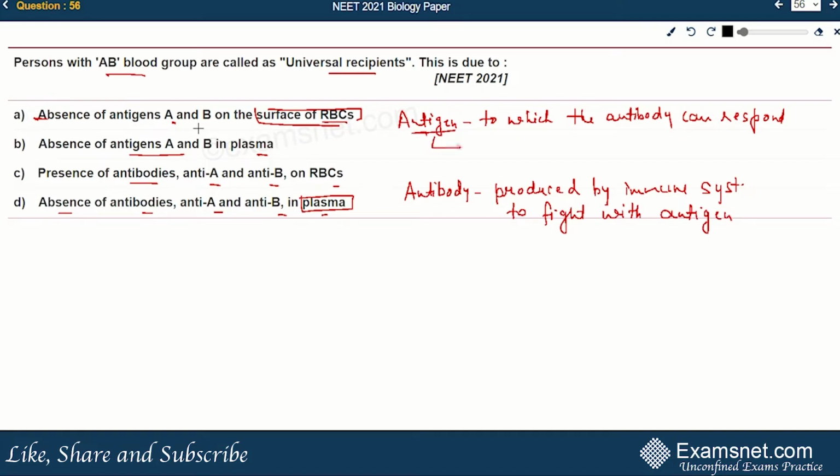Antigens are found on the surface of RBCs, whereas antibodies are found in the blood plasma. Now, different blood groups contain different antigens and antibodies. So let's see. What are the major blood groups?